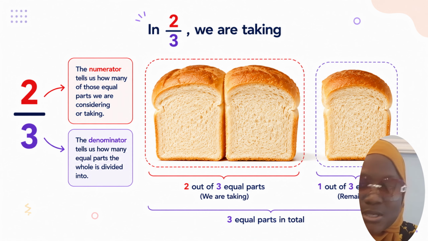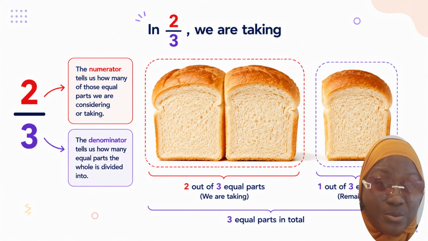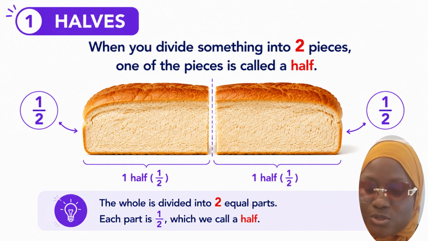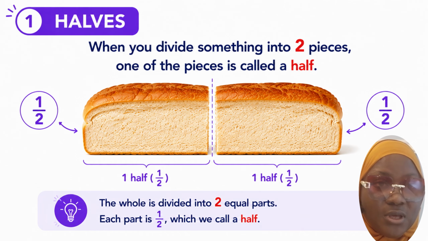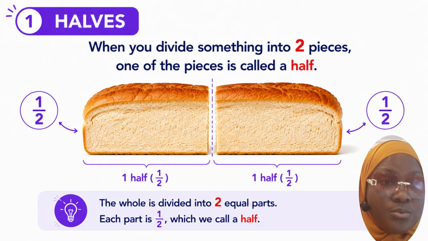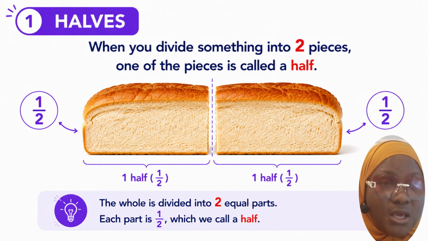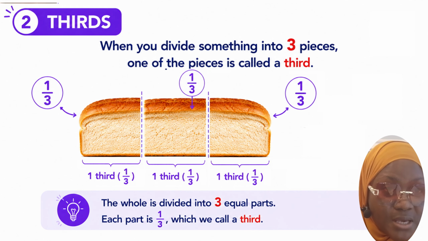Let's talk about nomenclature of fractions. When you divide something into 2 equal pieces, one piece is called a half, 1/2. And when you divide something into 3 equal pieces, one piece is called a third.